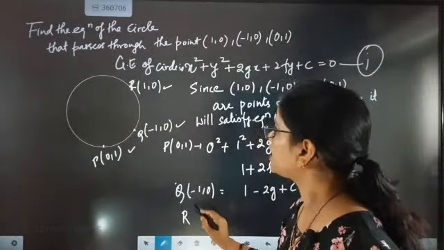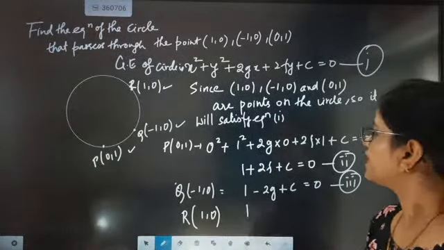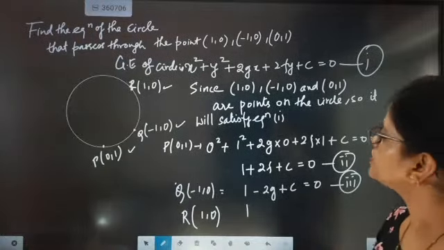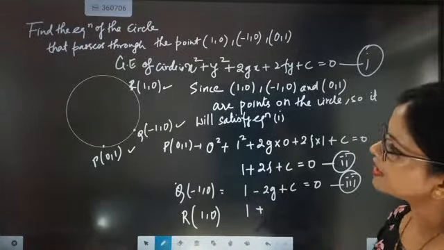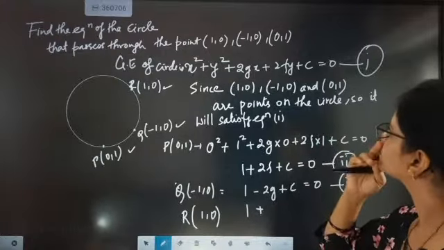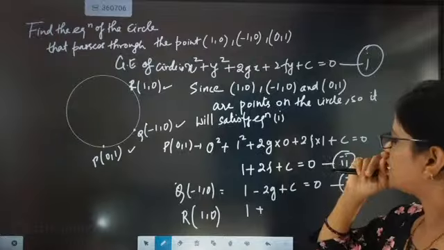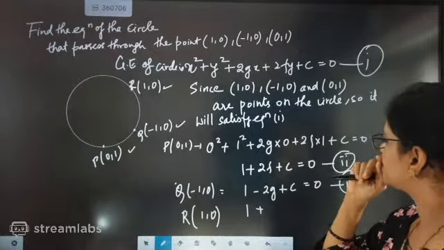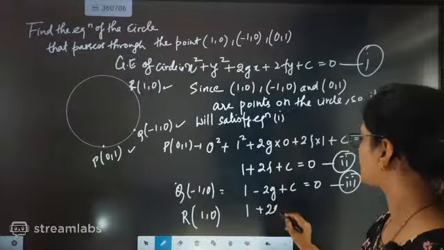Now the R point is 1 comma 0. Now x will be 1, y will be 0, x is again 0 now, so it is gone. Here I am substituting R now, tube light. So the g part will not be 0, it will be 2g.